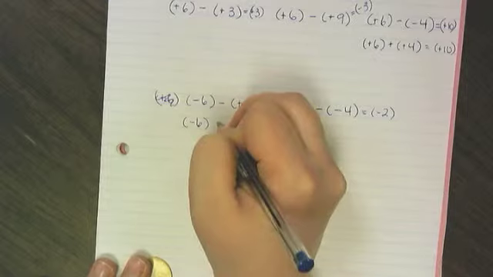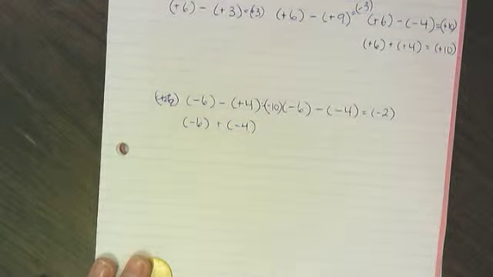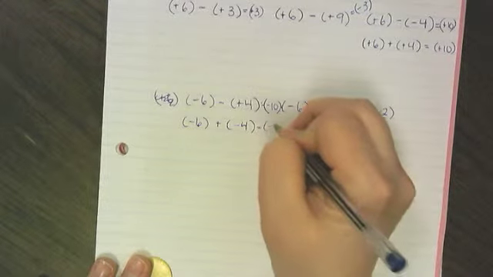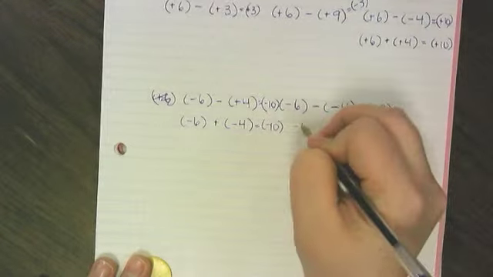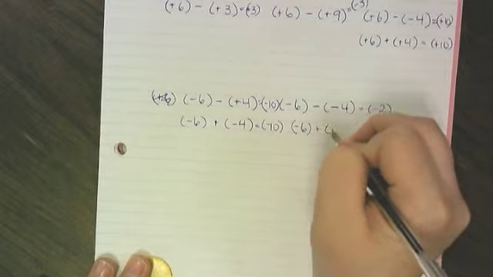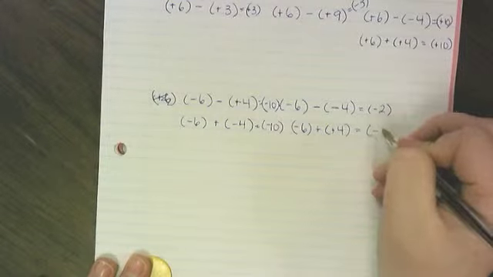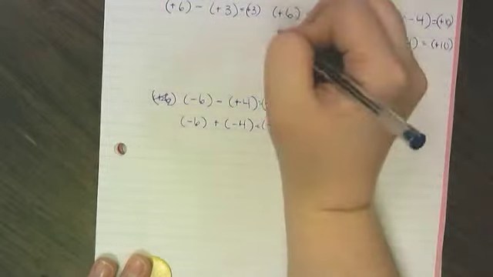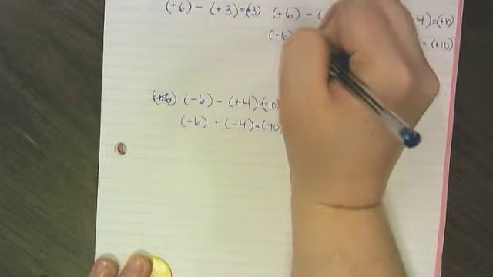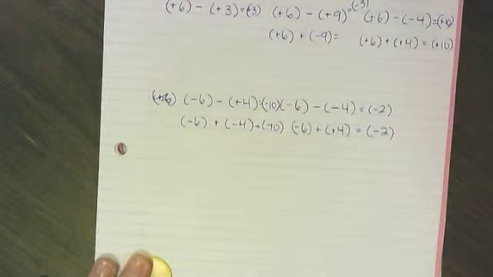Negative 6 plus negative 4 equals... So subtraction's just positive 6 plus negative 9 equals... Positive 6 plus negative 9.